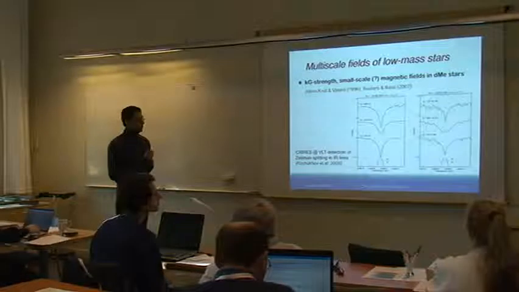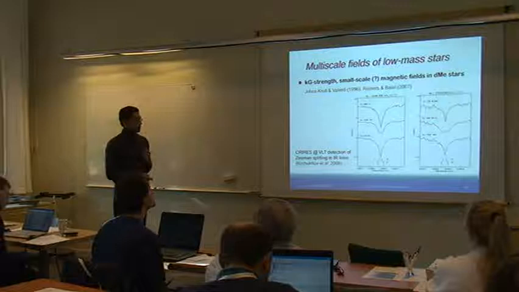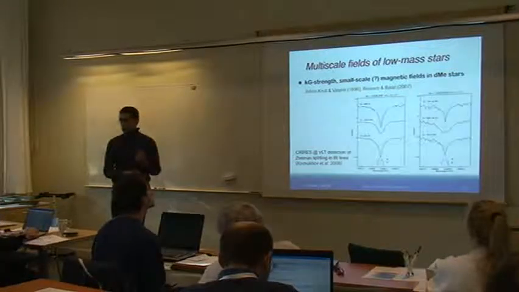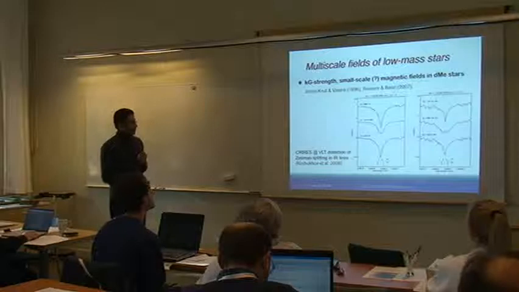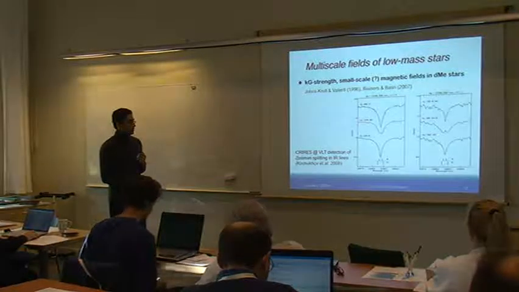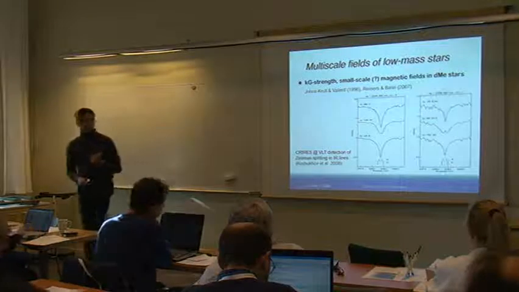What is shown here is the spectra of two active M-dwarfs, bracketed by inactive stars with similar spectral types. These are lines at 2.2 microns, and you can clearly see that there is a splitting of these lines corresponding to kilogauss fields.